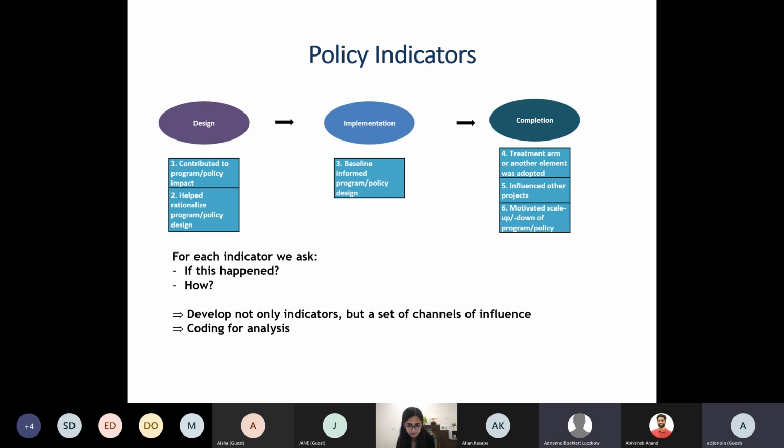If I can just add something, I think it's important to remember, as this slide is showing us, that it's not just about the findings of the research leading to policy change, but also about something that could have happened at the design or implementation stage, like you've created a new set of standards, or a new instrument, a new way to measure success in your area, or created a new database maybe that helped to keep records more efficiently.